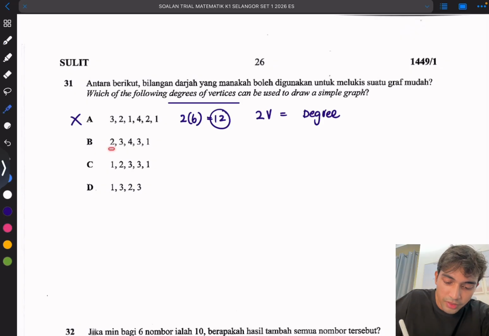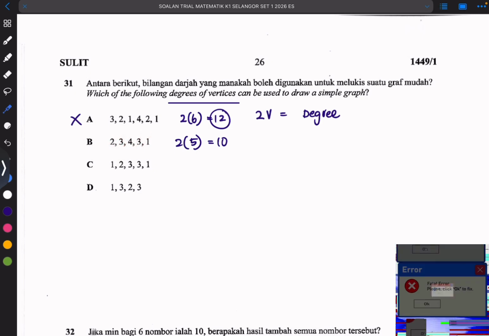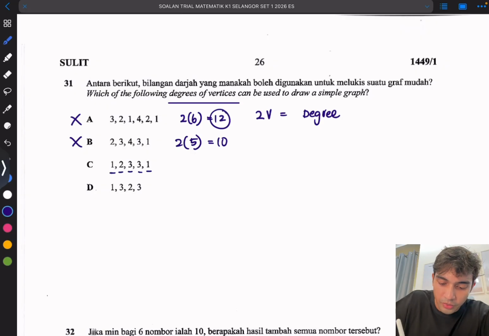Here we have 5 vertices. So 2 times 5 must be 10. And we plus. 2 plus 3, 5. Plus 4 is 9. Plus 3 is 12. Sorry. This is 1, 2, 3, 4, 5.